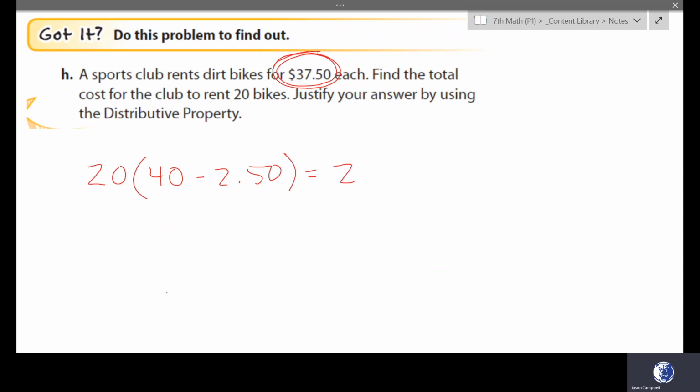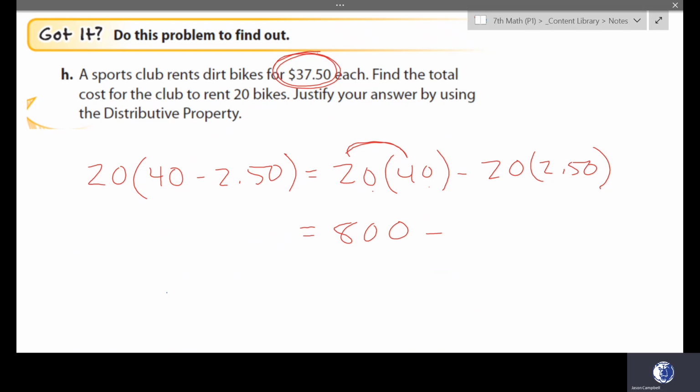So we're doing 20 multiplied by 40, and then we're going to subtract 20 multiplied by 2.50. Well, 20 multiplied by 40 is 800. I just did 2 multiplied by 4 and added 2 zeros. And then 20 multiplied by 2.50 is going to be 50, because 2.50 multiplied by 10 is going to be 25, and then you can double that to get multiplied by 20.